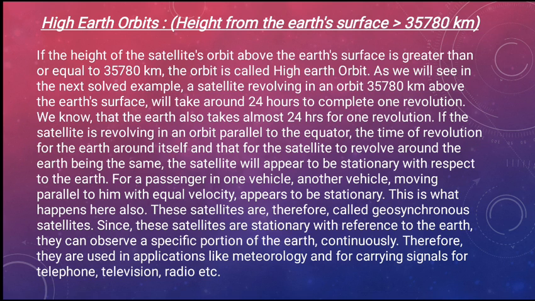Now, if the satellite is revolving in an orbit parallel to the equator, the time of revolution for the Earth around itself and that for the satellite to revolve around the Earth being the same, the satellite will appear to be stationary. For a passenger in one vehicle, another vehicle moving parallel to him with equal velocity appears to be stationary.